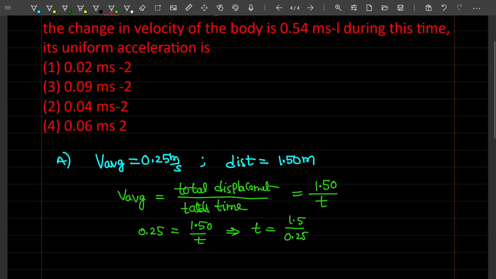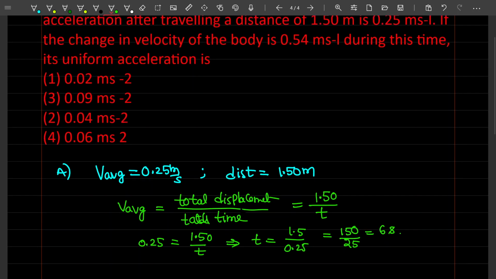Multiply with 100 and divide with 100. After multiplication, you will get 150 divided by 25, which is equal to 6 seconds. So time taken is equal to 6 seconds.